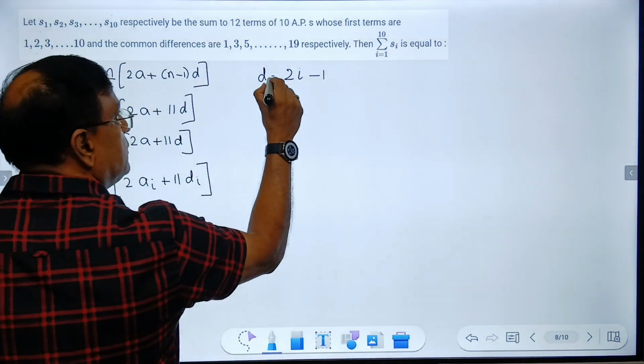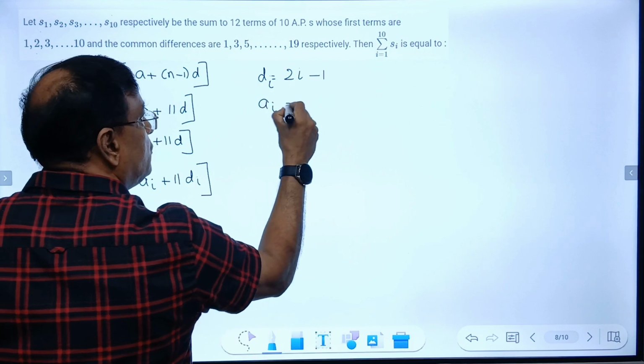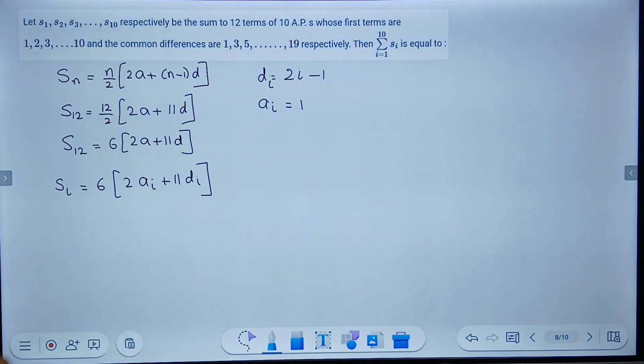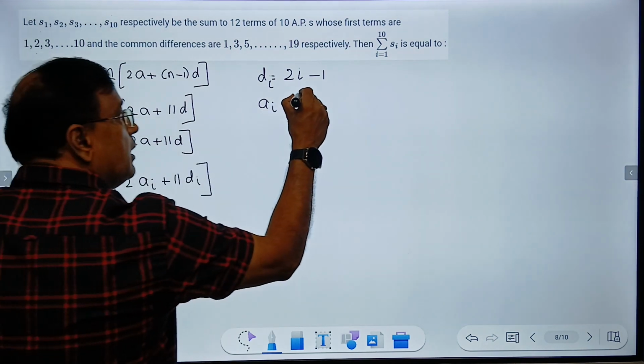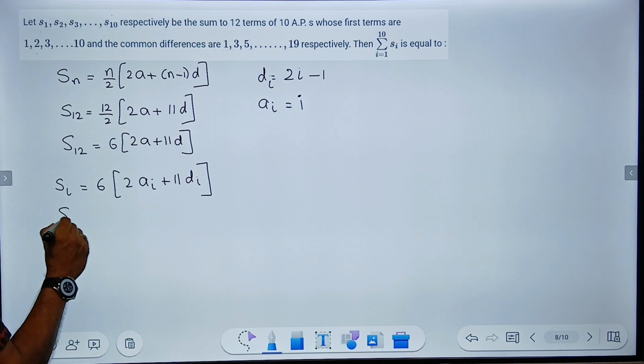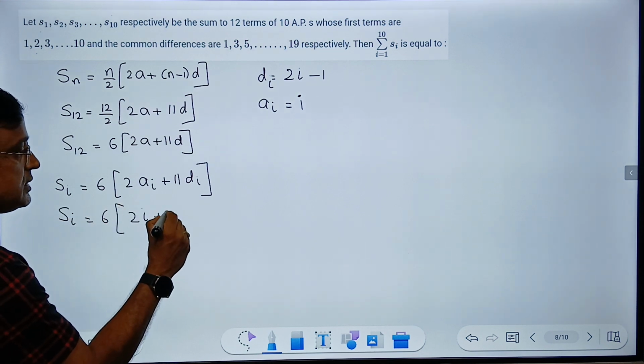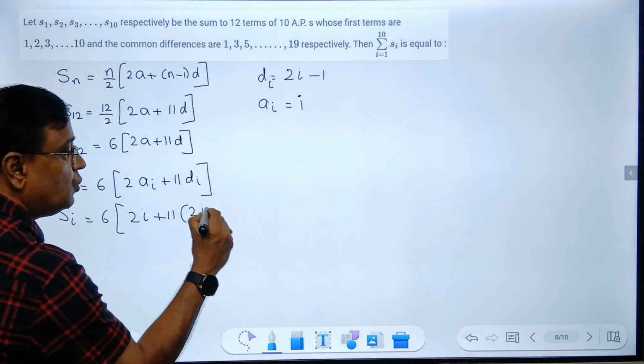This is your di, and your ai is 1, 2, 3. So ai will be i. Correct? So Si will be 6 times 2i plus 11 into what is di? 2i minus 1.